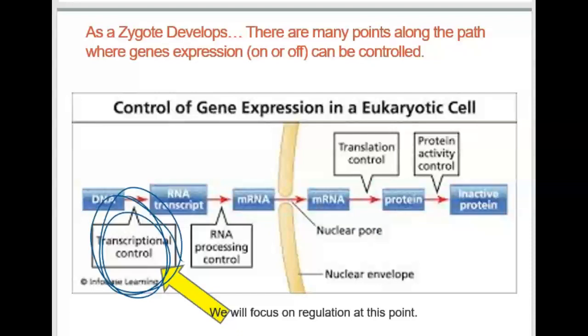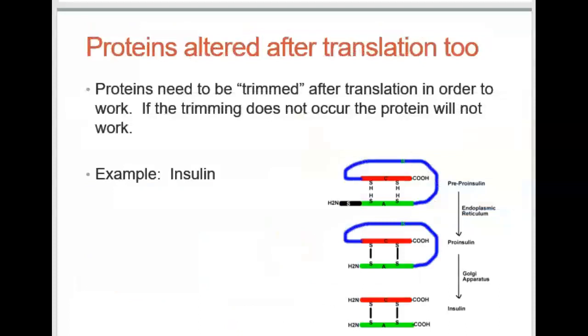All right, so we're going to be looking at a specific enzyme and how that gets turned on and off when the DNA is transcribed into RNA and mRNA. Like I said earlier, sometimes even after you've made the protein, the shape of the protein itself can be changed to fit a need.